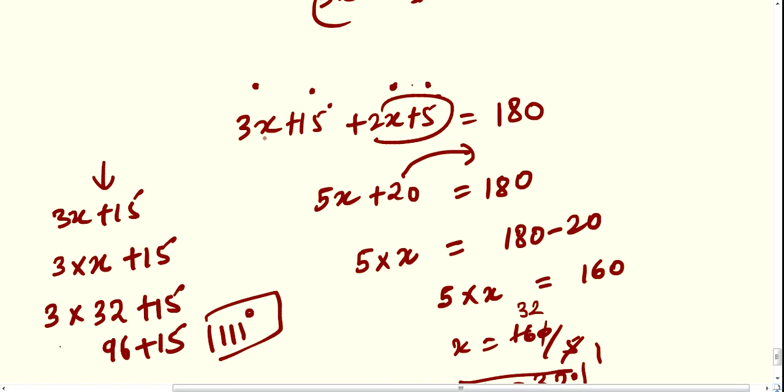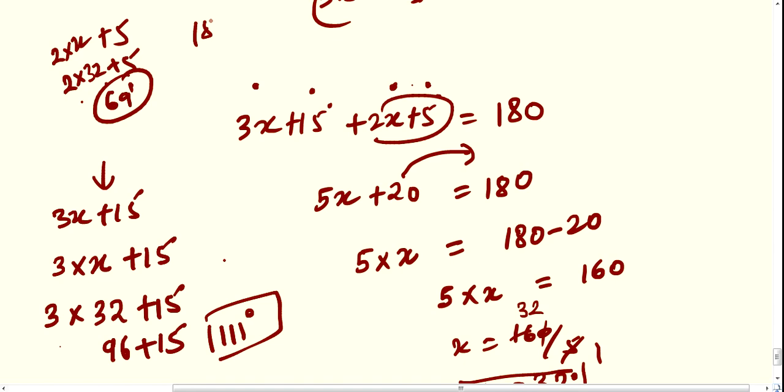Then next is 2x plus 5, so 2 into 32 plus 5: 64 plus 5 is 69 degrees. Now if you add 69 and 111, you get 180, which is supplementary. So your calculation is right.